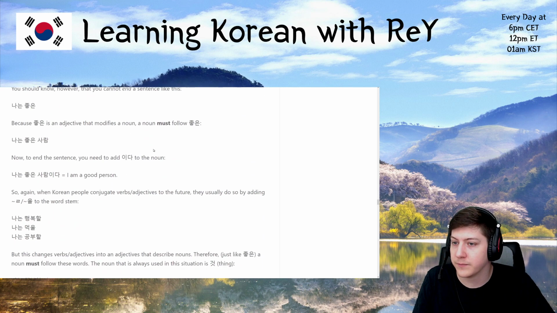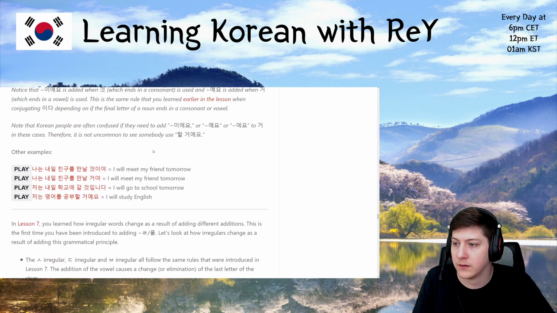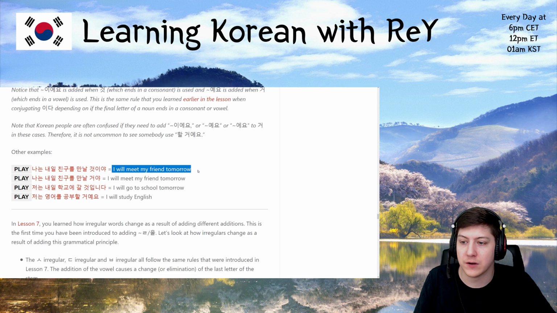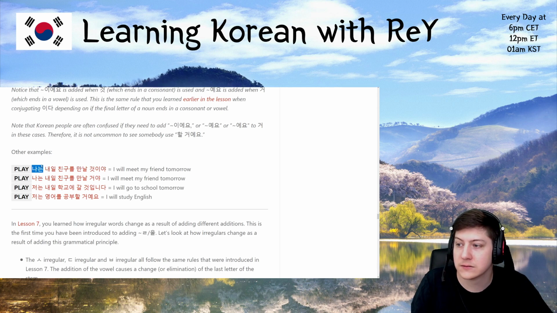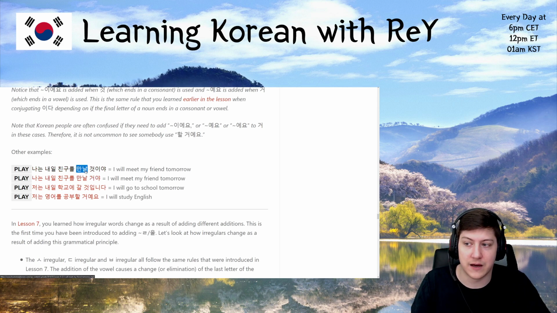Just an example here. Yeah, so here: I will meet my friend tomorrow. I, tomorrow, friend, and here we have the verb to meet. Wait, is this correct? This is to meet, but with an R in the end. So this is manna, but with an R or L in the end.